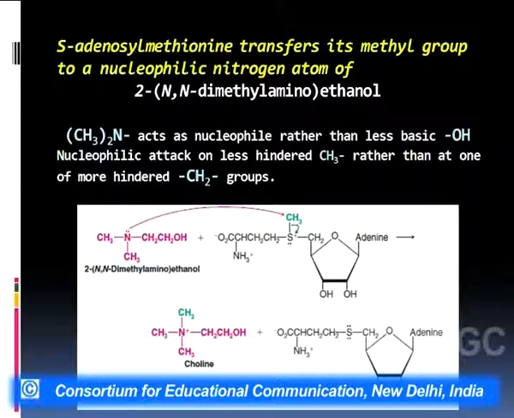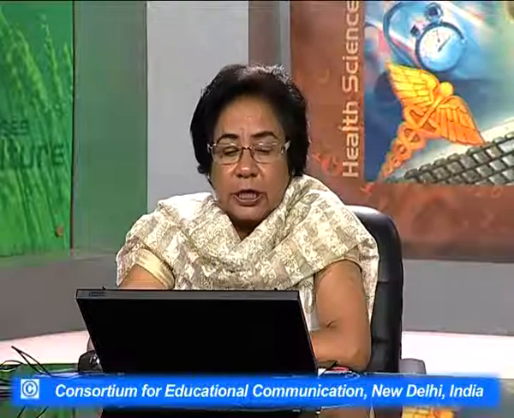Now the second point is where will it go and attack the substrate molecule, which is adenosyl methionine? It will go and attack at the methyl group, because this methyl group is less sterically hindered, and it results in the formation of choline and the adenine molecule.